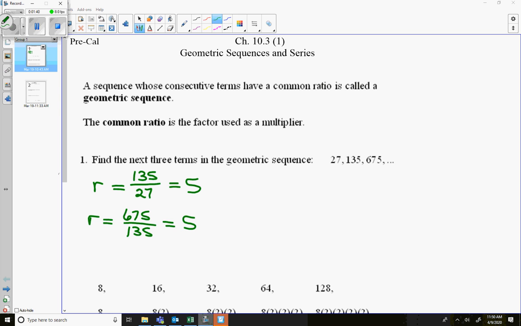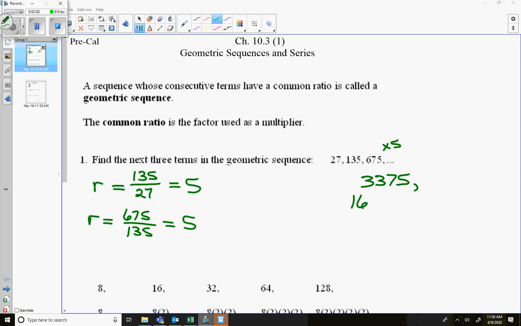So continuing on, how do we find the next three terms? Well, in this case, since my common ratio is 5, we're going to multiply by 5. So 675 times 5, and we get 3,375. Take that answer times 5. I'm cheating.